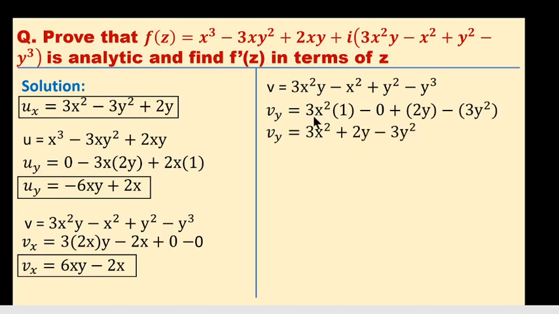This on simplifying gives us Vy equal to 3x square plus 2y minus 3y square. So this is derivative of v with respect to y.